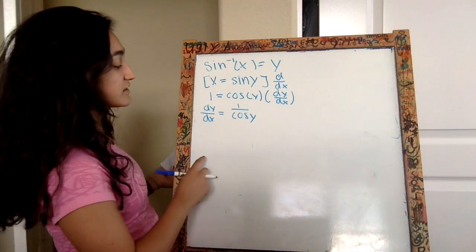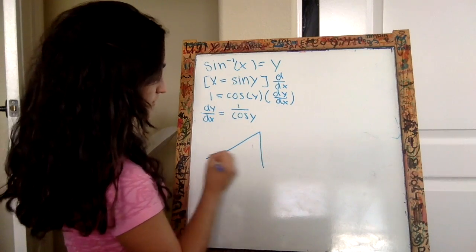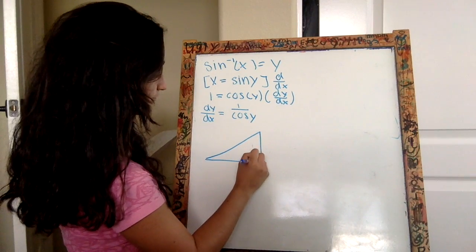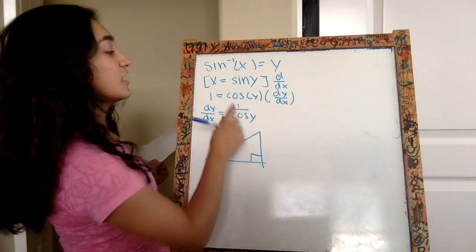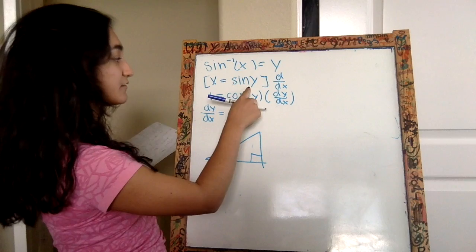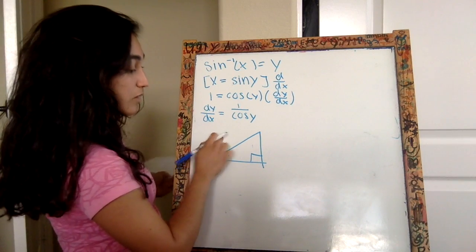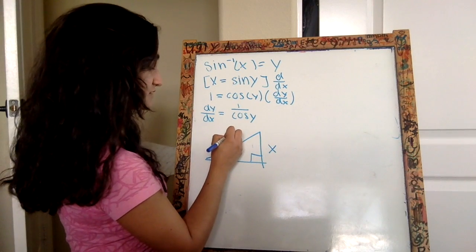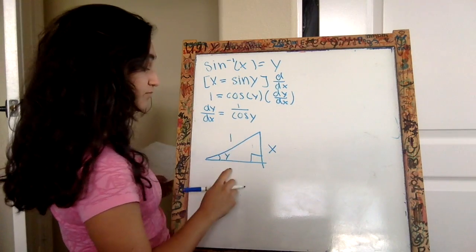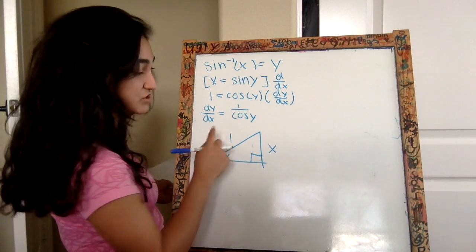In order to express this ratio with x values, we can use a right triangle and set this angle equal to y. And because we know that x equals sine of y, and sine is opposite over hypotenuse, we know that the value of this side is x, and the value of the hypotenuse is 1, making sine of y equal to x over 1, which is x.